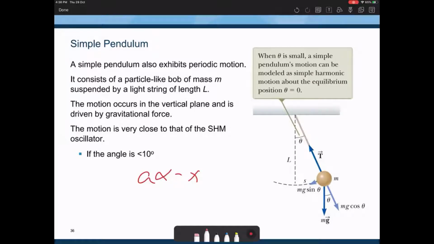The vertical position is considered the equilibrium position, because if the whole mass is here, the string and the center of gravity are on the same line, and there would not be any tendency for the object to move either to the left or to the right. But if you raise the object and let it go, there would be a tendency for the object to come back to the equilibrium position at the center.